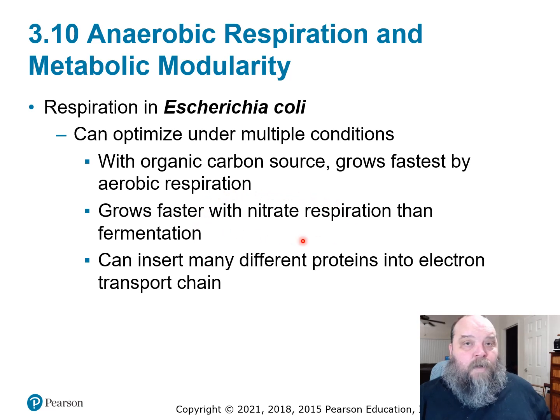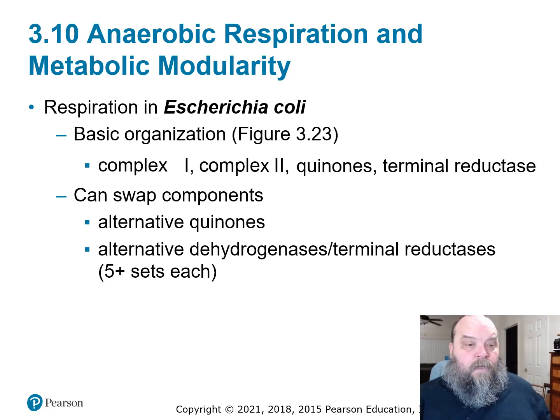Uses nitrates as an alternate final electron acceptor if oxygen's not there. And many proteins can be inserted into the electron transport chain if alternate carbon sources, alternate final electron acceptors, all of that is occurring.